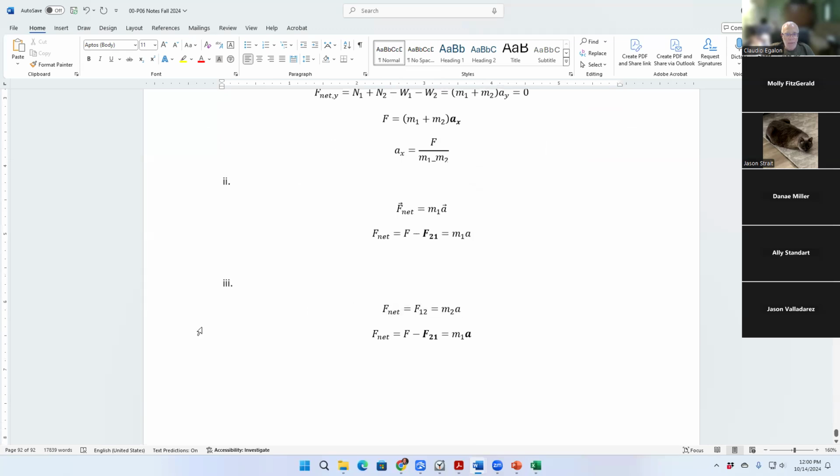And now we can invert those equations here. The important thing here is that you learn how to get the equations from the free body diagram.